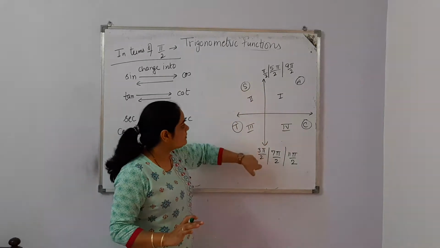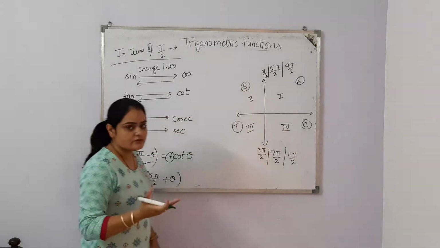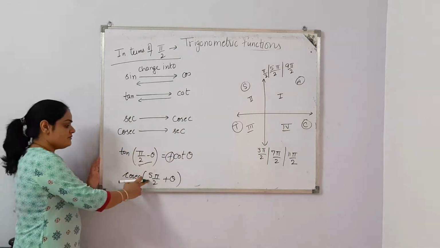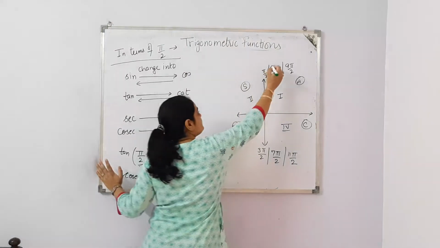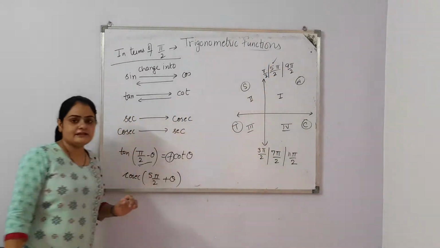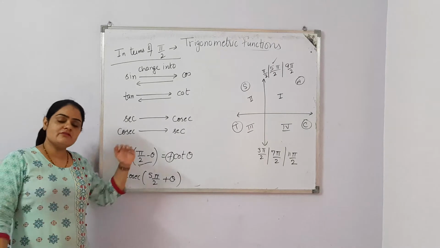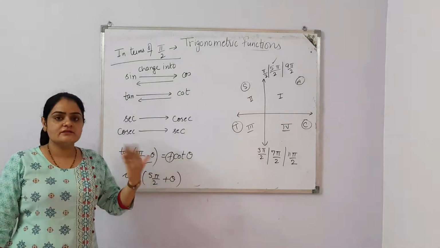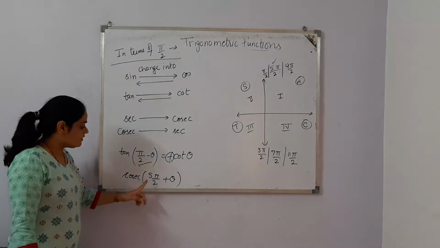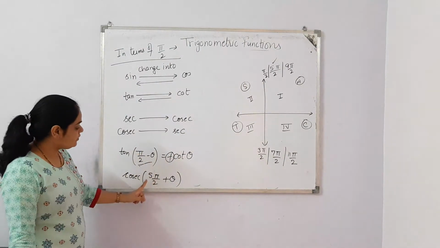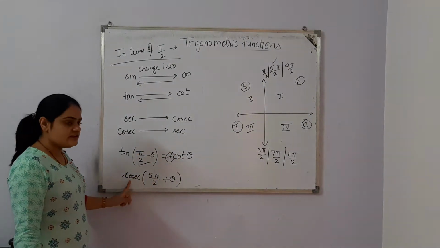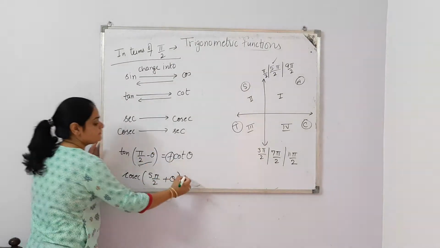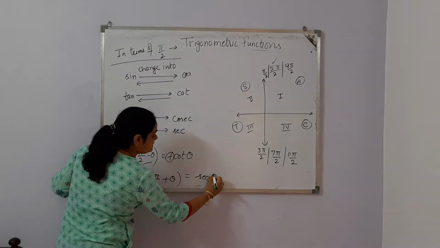So pi by 2, 3 pi by 2, 5 pi by 2, 7 pi by 2, of course this is the vertical line. So 5 pi by 2, where is 5 pi by 2? Here it is, 5 pi by 2, vertical line, that means change is there. Just remember, whenever the horizontal line occurs, no change. Whenever the vertical line occurs, there is a change. So 5 pi by 2 is on the vertical line, so cosecant will change into secant theta.